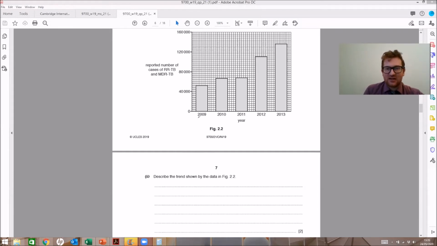As you can see here, from 2009 to 2013, the reported number of cases of RRTB and MDRTB have increased. So that's the first mark, the general trend.